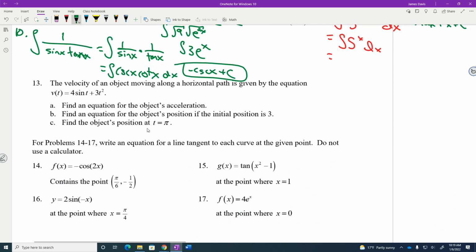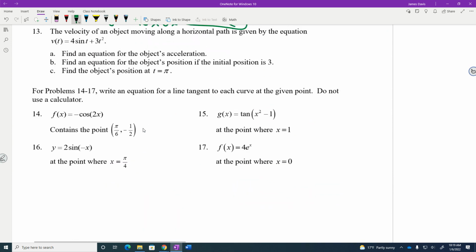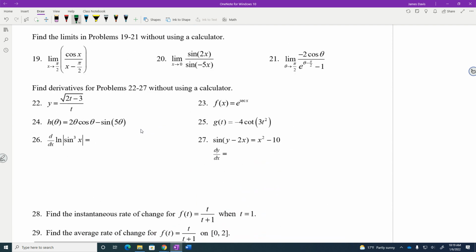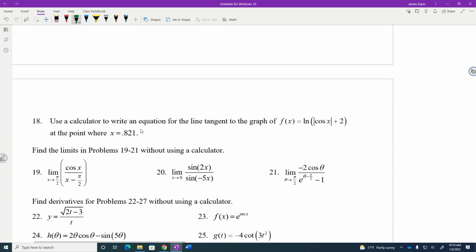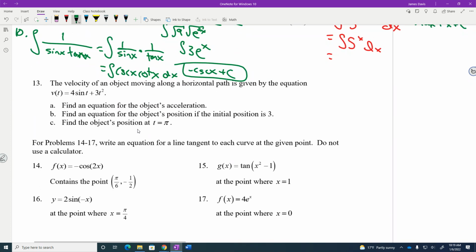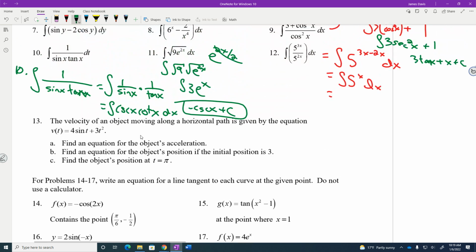Let's take a look at, all right, so we got some equation of tangent lines. I don't have any of these in the notes. Okay, let's try maybe one or two of these equation of tangent lines, and let's go back to derivatives.